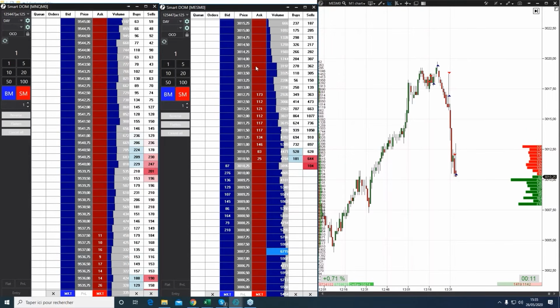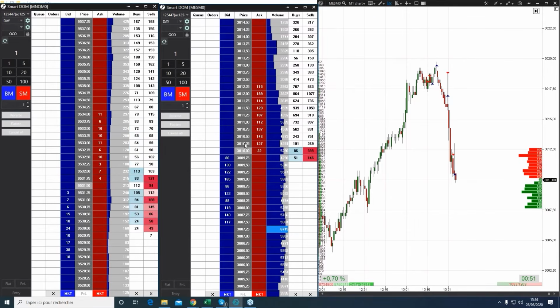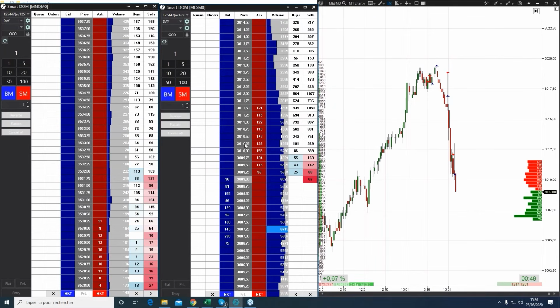I'm waiting at these levels, but the market doesn't move to this level. If the market ticks at this price, 13.75, I will be short again. So the market stopped at 13, and I'm waiting for this level. What a pity.